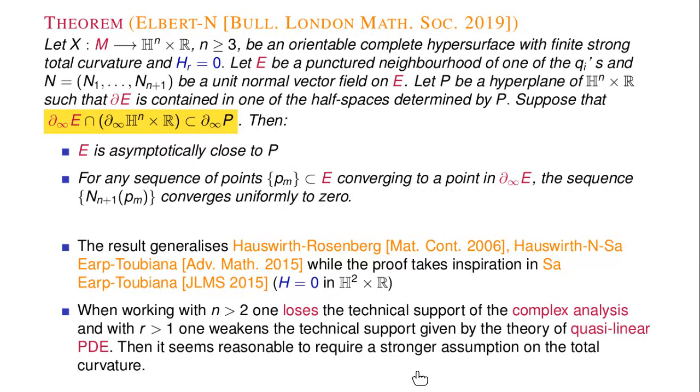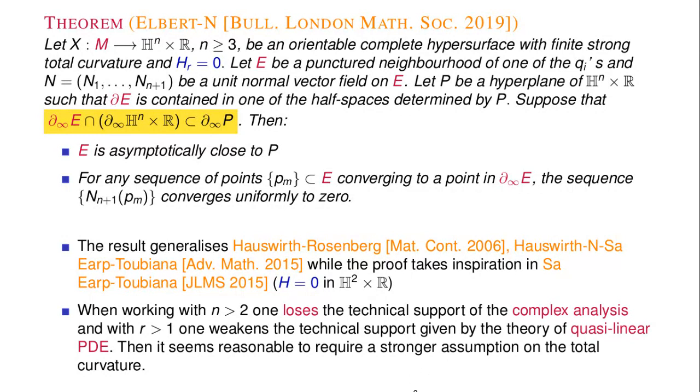So it seems reasonable also to us to require a stronger assumption on the total curvature. I mean, it seems reasonable. We don't know if you can avoid it. I mean, hopefully you can avoid it, but we're not able to do it.